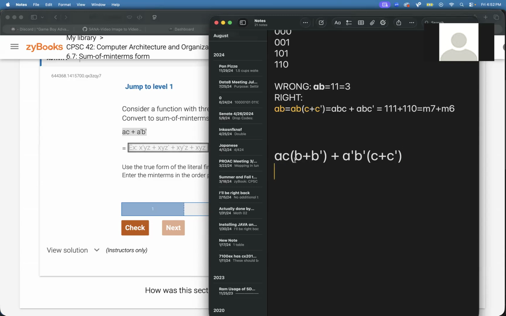So this is going to be A, C, B, which is A, B, C. And then we have A, C, not B, which is A, not B, C. And then this term is going to be not A, not B, C, and then not A, not B, not C. So those are the terms.